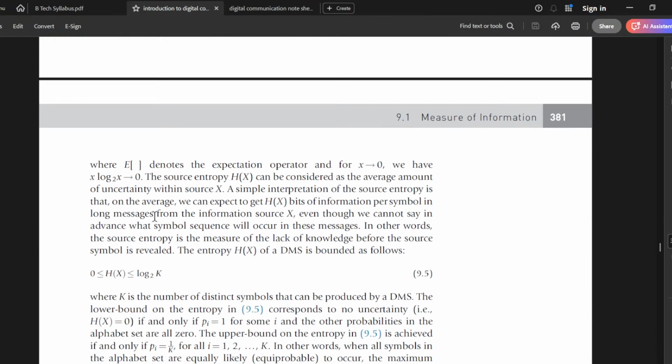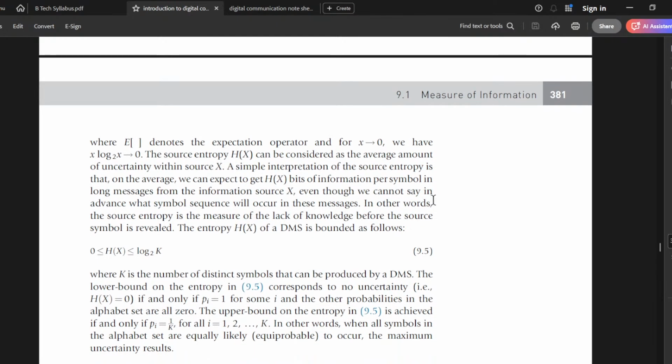Okay. Where E denotes the expectation operator. The source entropy H(X) can be summed as the average amount. A simple interpretation of the source entropy is that on average we can expect to get H bits of information per symbol in long messages from the information source X, even though we cannot say in advance what symbol sequence will occur.